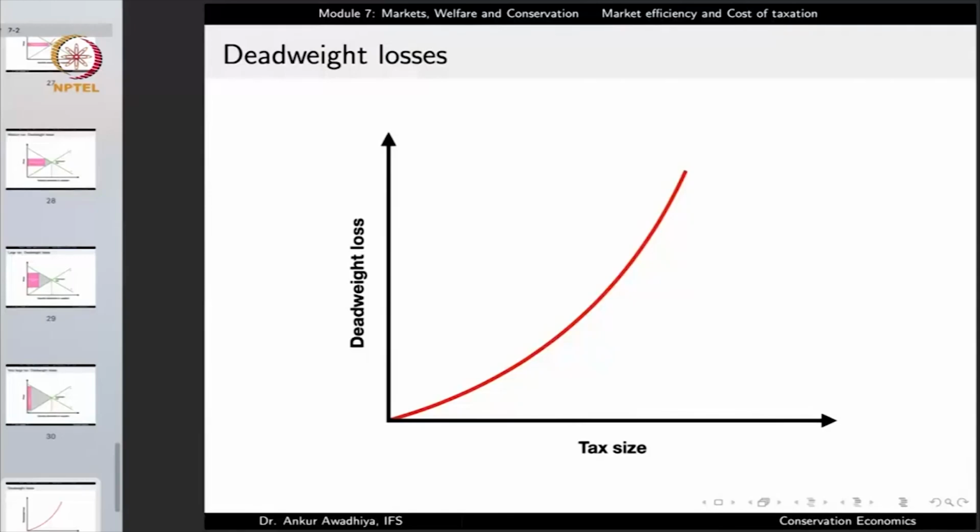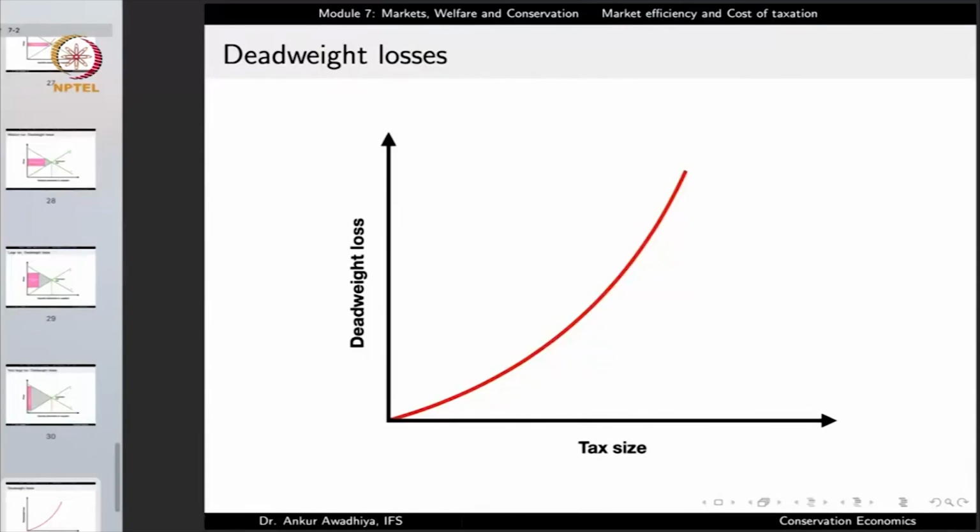And so when we had seen earlier that when we are talking about planning, we should plan in such a way that the total surplus is maximized. But what we are observing here is that with the taxation, the total surplus reduces, and this reduction that accrues neither to the government nor to the producer or consumer is the deadweight loss.